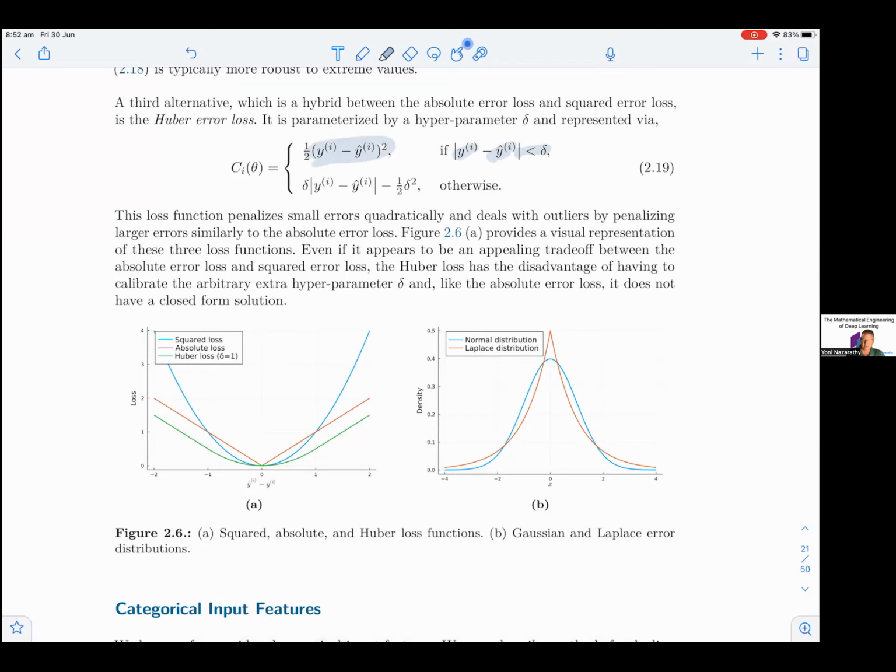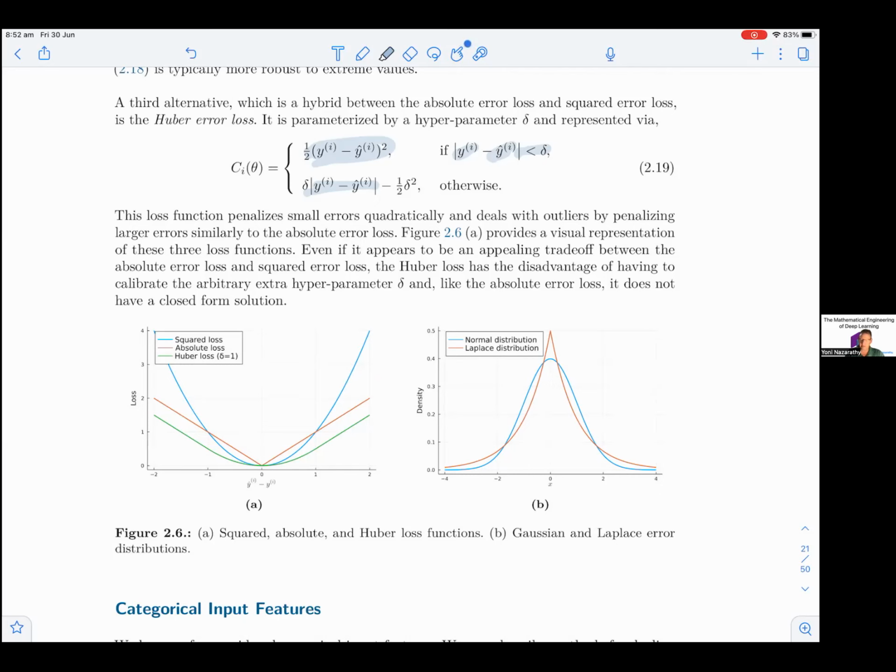Otherwise, we have an absolute loss. This loss function penalizes small errors quadratically and deals with outliers by penalizing larger errors similarly to the absolute error loss. Figure 2.6a provides a visual representation of these three loss functions.